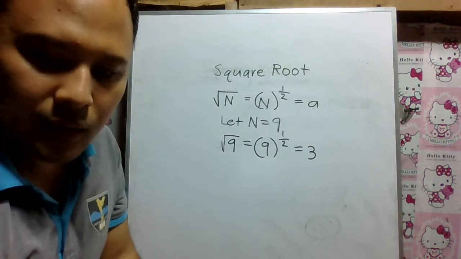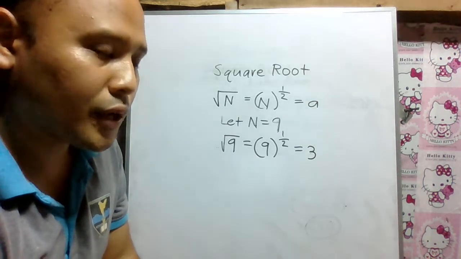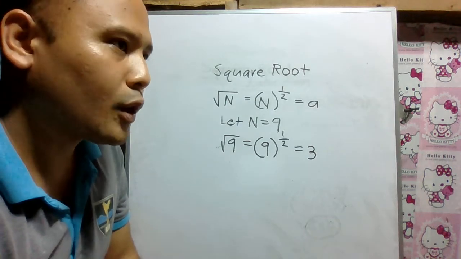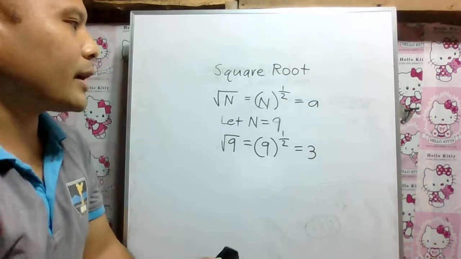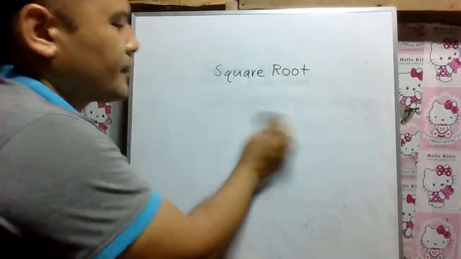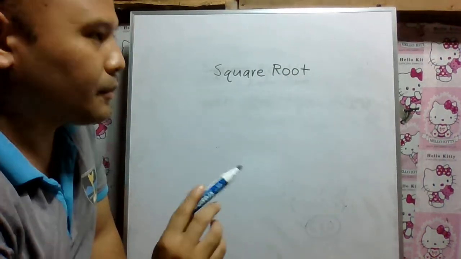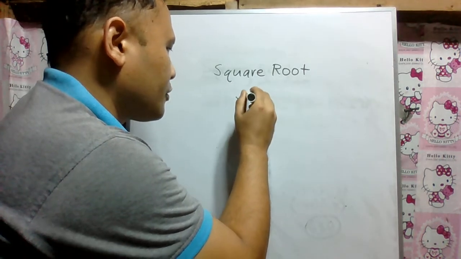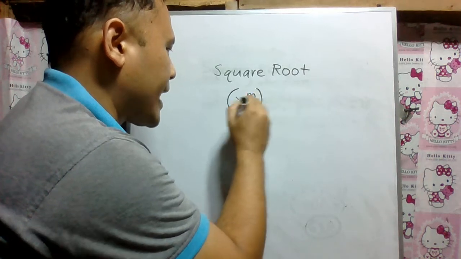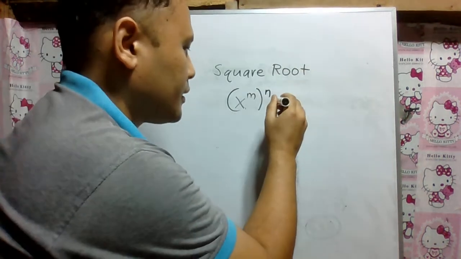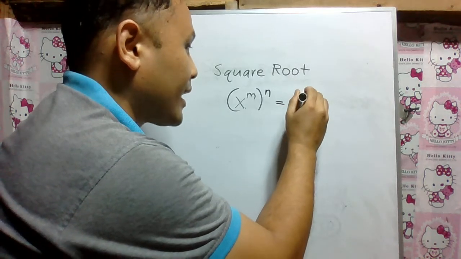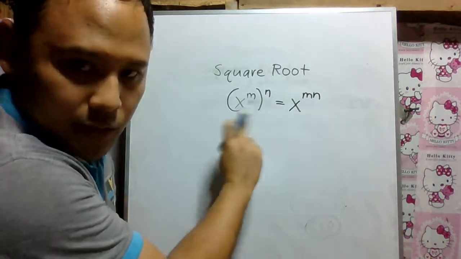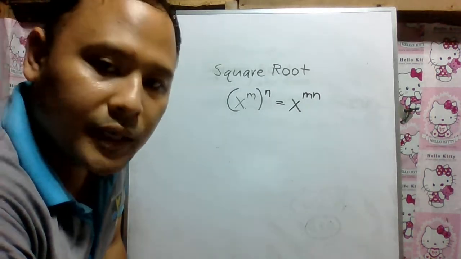And actually, if you get the square root of perfect square numbers, you can apply a certain law of exponent, like this one. Example, this one, no? X raised to the power of m, raised to the power of n, equals x raised to the product of these exponents. We can actually use this concept in getting the square root of a perfect square number.